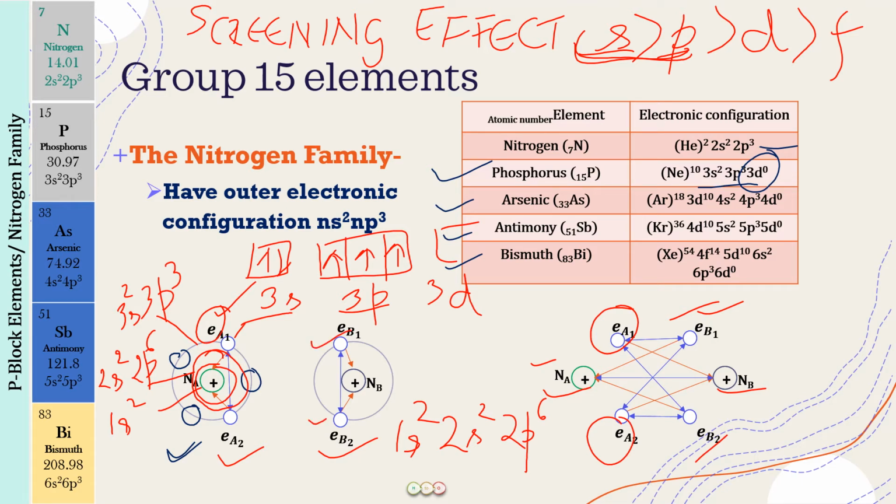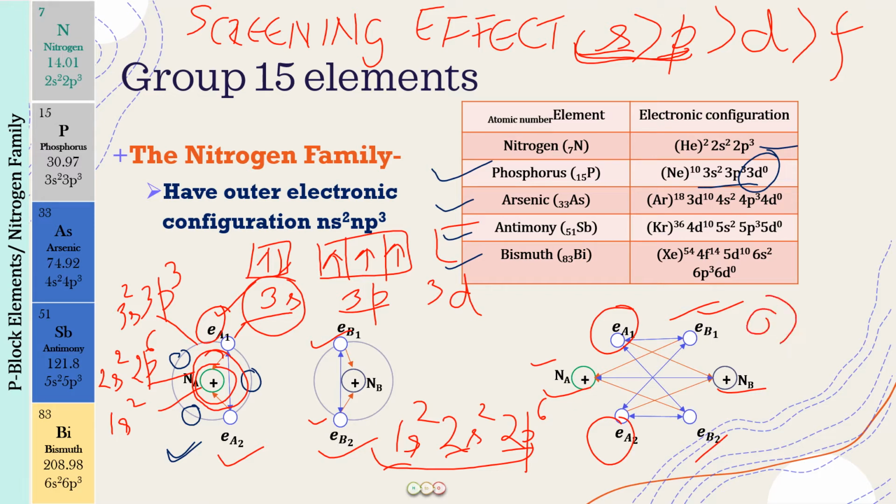But before they do that, they are repelling their own valence shell electrons. So the 1s, 2s, 2p6 electrons are having the maximum repulsion for which electrons? Its own valence shell electrons. And nearest to all these three is going to be which electrons? They will be the 3s orbital electrons. So they are going to be closest, right?